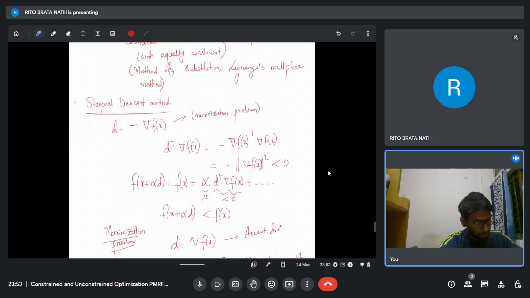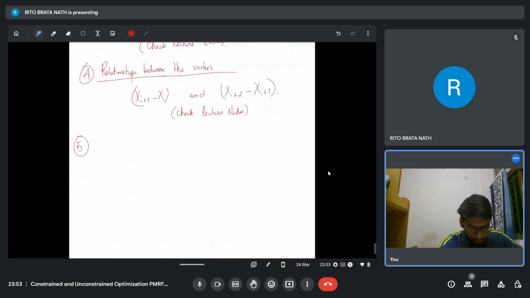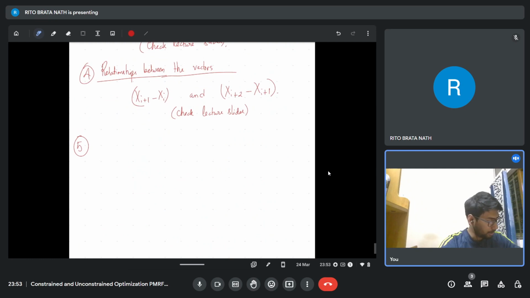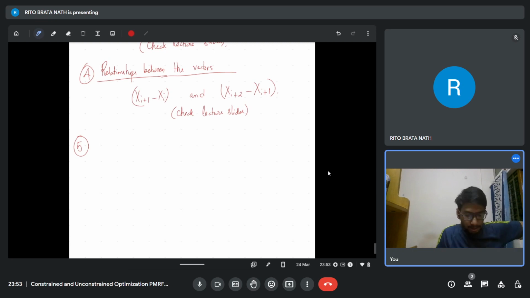Okay. So the fifth thing could be, I'll give you a function and I'll ask you to apply the steepest descent method to get the next vector or the next to next vectors. Let me change the function expression and the initial point and try to solve it.